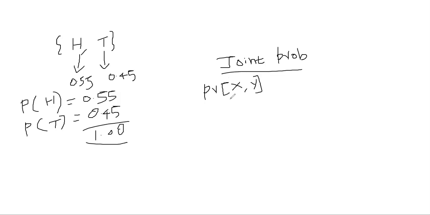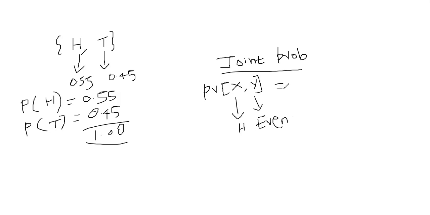I would like to have a head here, and I would like to have an even number on my die. So if you have two variables like x and y, then we call it joint probability. We are trying to find both at the same time.